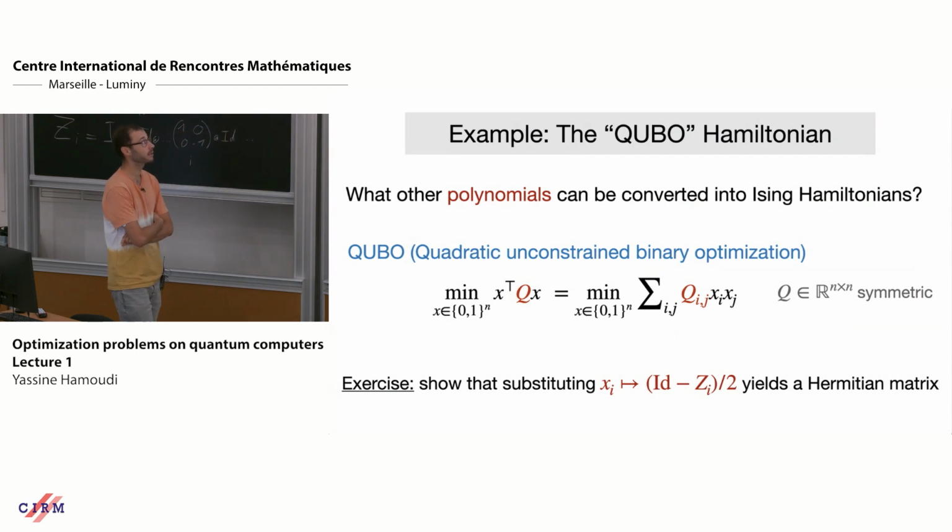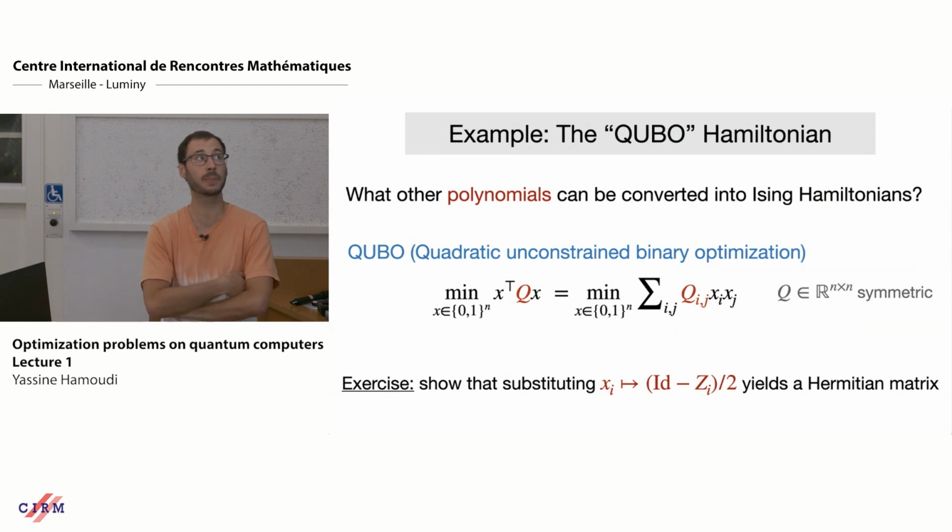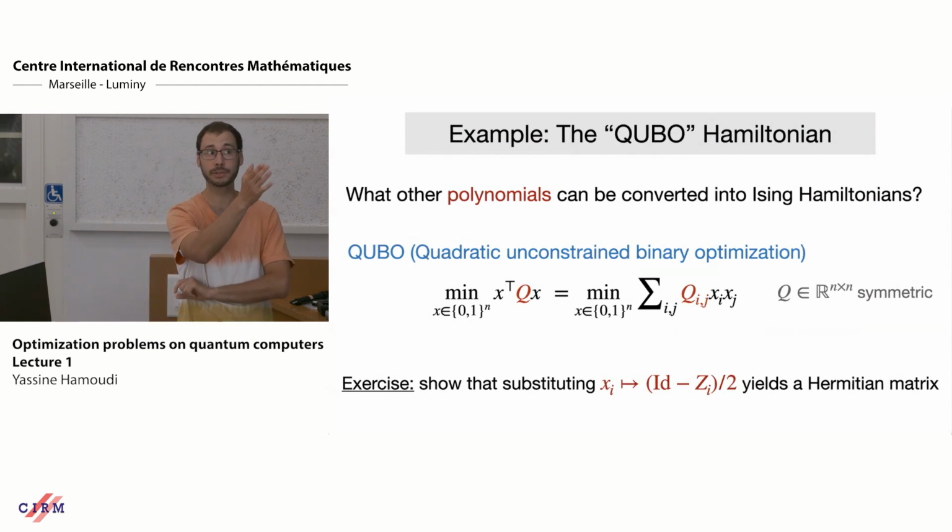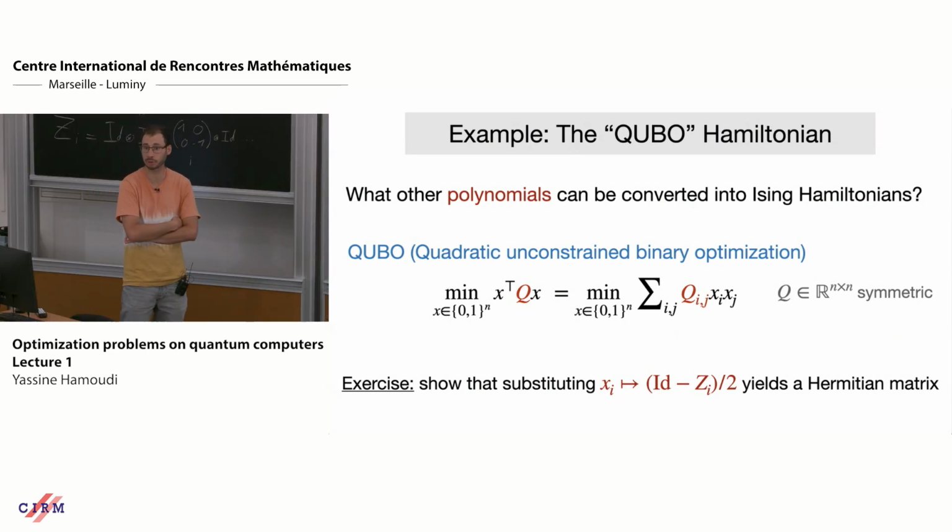It turns out that there is a large family of problems which can be encoded that way. These are the so-called QUBO problems. You want to minimize some quadratic polynomial, which is given by some symmetric matrix Q. And if you just replace the variables with the right Pauli matrix, then the ground state would give you the minimum of your QUBO problem.